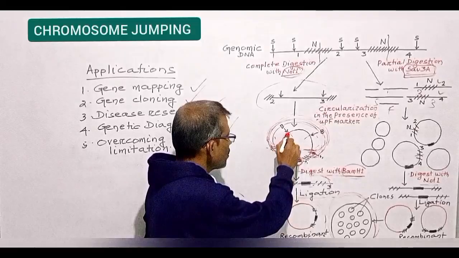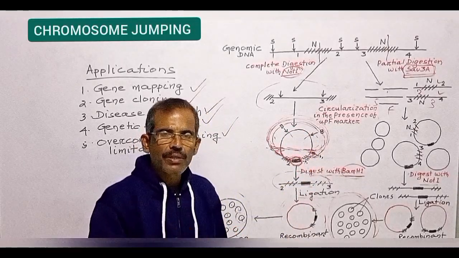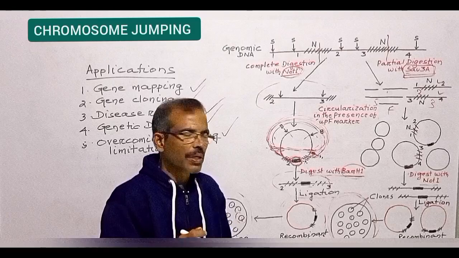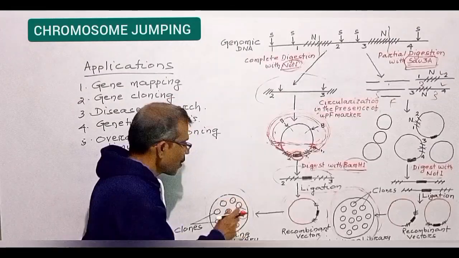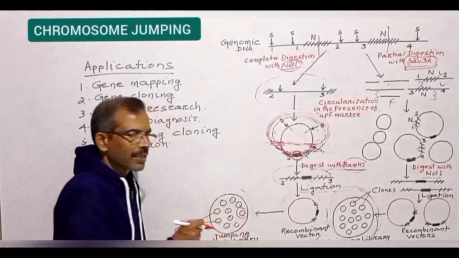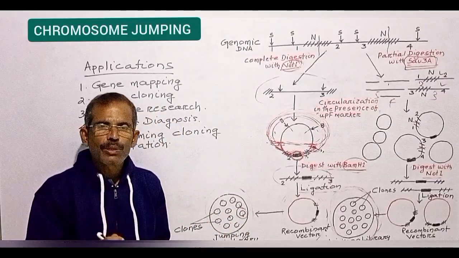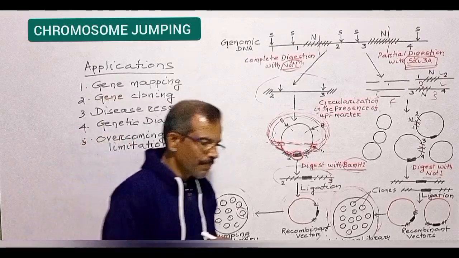The stretch of DNA between these two ends has been deleted by various manipulations, including by using BamHI. In the jumping library, a particular clone can be identified using a specific probe through the process of hybridization.